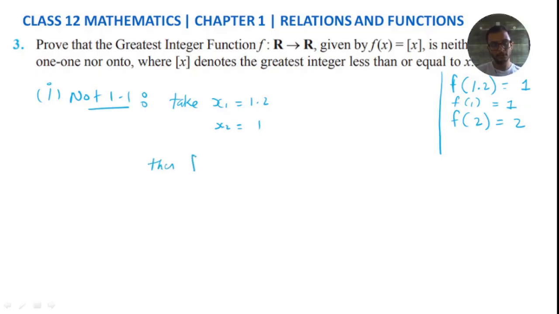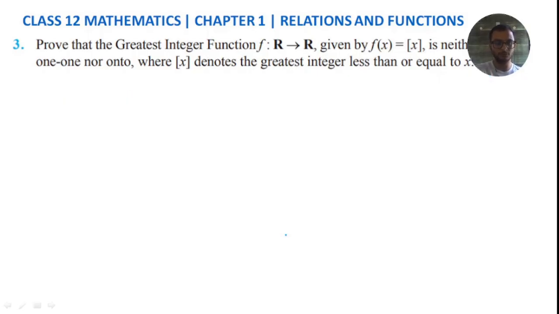Then f of x1 equals 1, which equals f of x2, but x1 is not equal to x2, which shows that our function is not one-one, because for two different points we have the same image, which implies f is not one-one. Okay, so one-one is done.